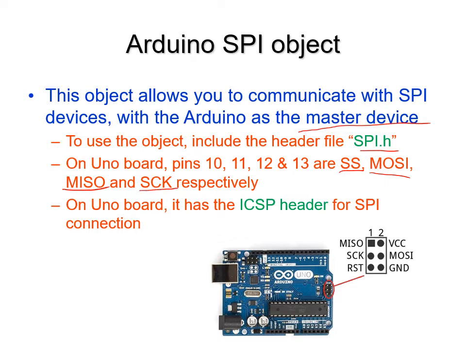Okay, we are using these 4 pins to control the SPI. Also, the Uno board includes an ICSP header, in-circuit serial programming header, in order to facilitate your connection to the SPI device. That means without using jumper wires, you may directly plug into the header on the Arduino board. It makes it easy to connect the SPI device.